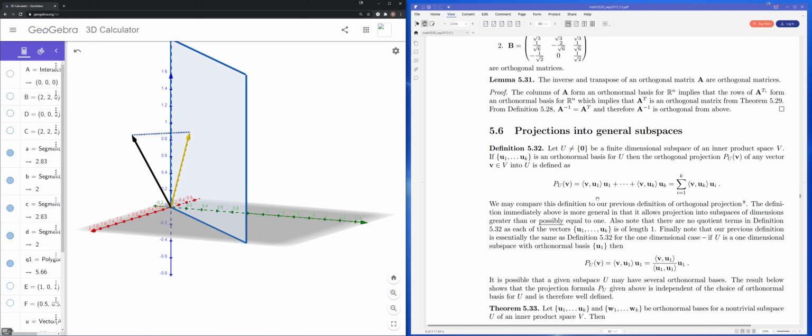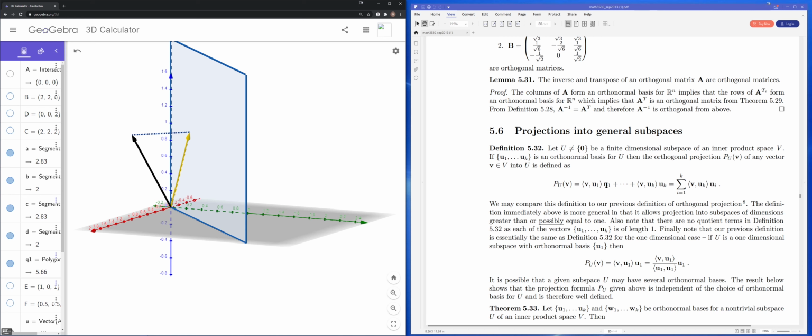The basis for u needs to be an orthonormal basis for this to work. So what I do is take the inner product of the vector v that I want to project with the first basis element.